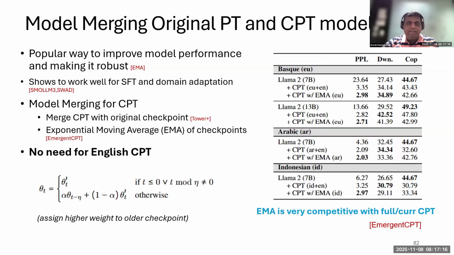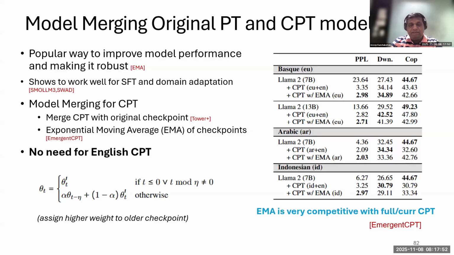So model merging is well studied. There are different techniques ranging from simple averaging of the parameters to being more smart and deciding which parameters should be merged, which should not be, etc. And one approach in particular, which I'll just talk about, is exponential moving average, where you're not just taking the original pre-trained checkpoint and the final continued checkpoint, but instead, as you are doing the continual pre-training, we compute new checkpoints as an exponential moving average of the checkpoint.